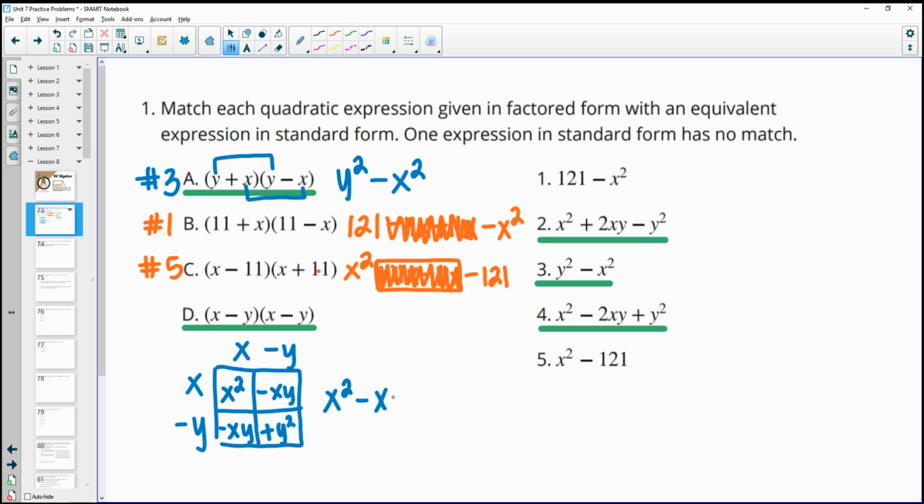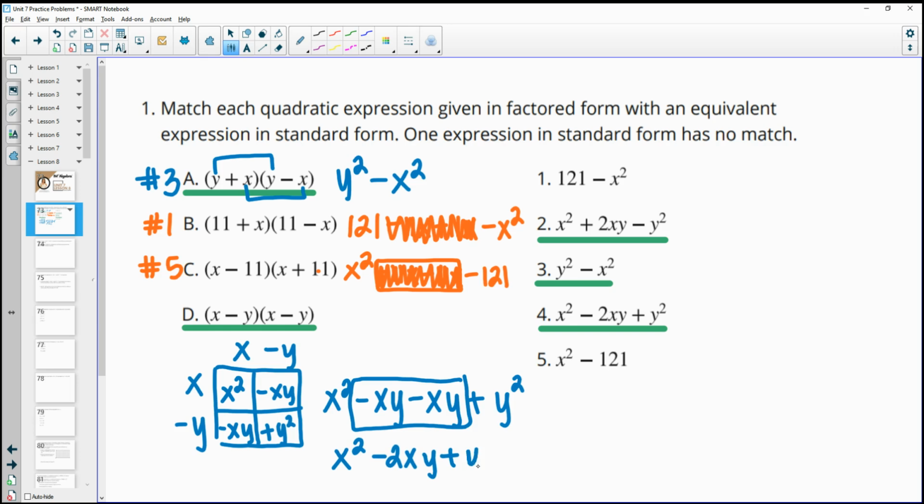So if we take these terms out of here, we have x squared minus xy minus xy plus y squared. You see that these two middle terms are like terms, both an x and a y. So we have a negative 1xy minus 1xy, which gives us negative 2xy's, and then plus that y squared.